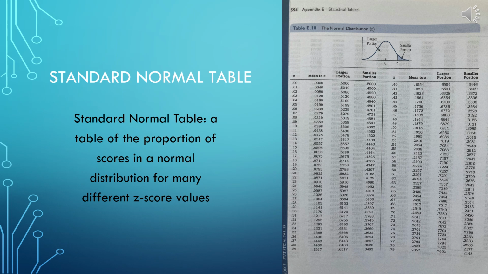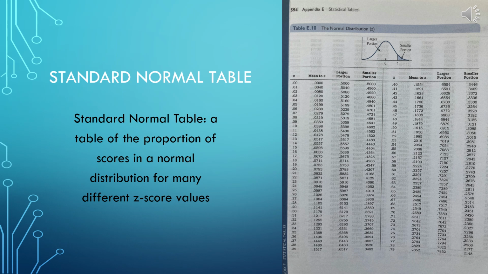And so what makes sense is if you work your way to the right from that, it says the larger portion is 0.50 and the smaller portion also 0.50. That's telling you that because it is the mean, the area under the curve to the left is 0.50, 50%, and to the right is 0.50, 50%. That makes sense because it's the mean, so it's right in the middle.